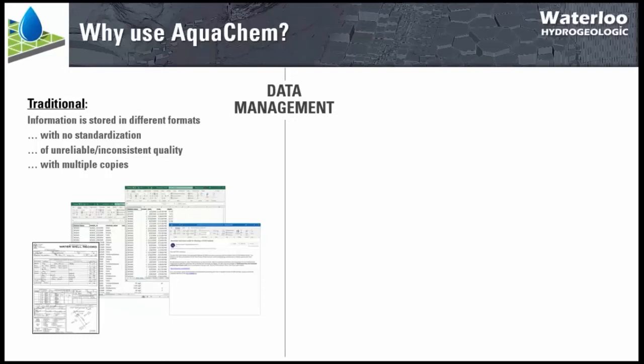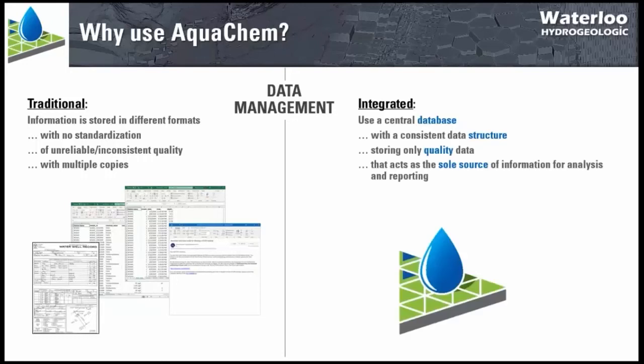You might have a hard time mixing and matching those data and building one unique data set. Sometimes there's multiple copies. If you have an integrated data management approach, you use a central database that has a consistent data structure that stores quality data and that acts as a sole source of information. Obviously, one approach is much better than the other and leads to a lot of efficiencies.